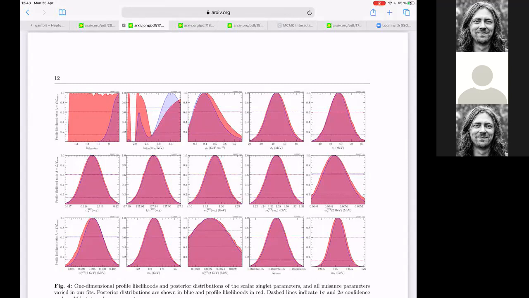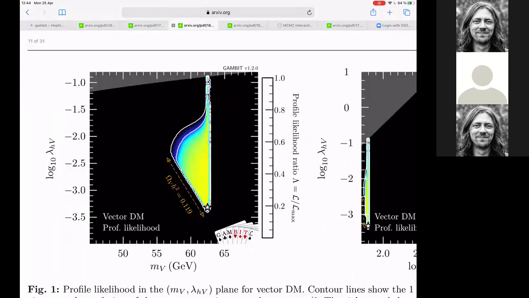But it's tricky, and it's one of the reasons why, if you can afford it numerically, I think it's very useful to show both the profile likelihood and the Bayesian posterior, even if all you want to do in the end is perform a Bayesian analysis.